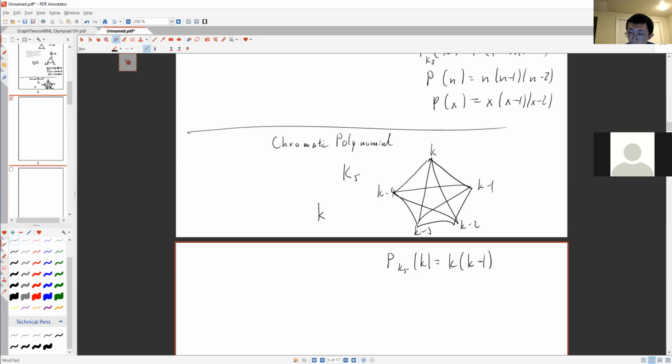So what happens if k equals 1? What does this say? Yeah, so Rita says it's 0, right? And does that make sense?